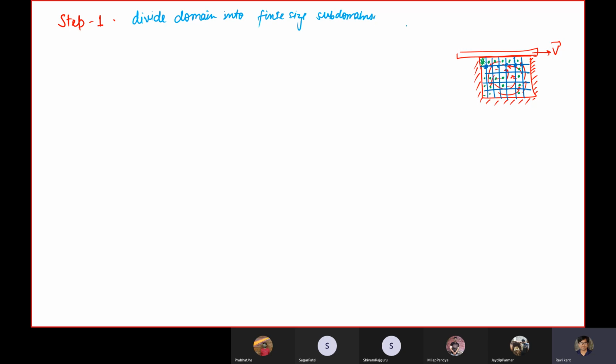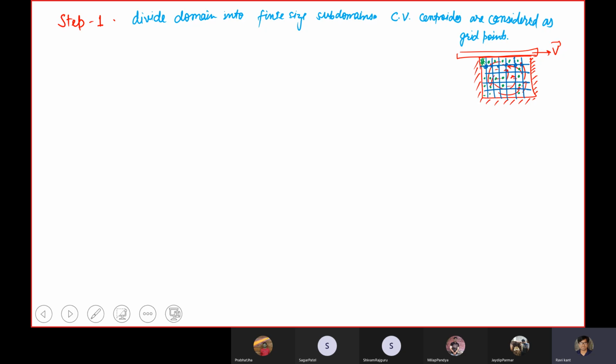Okay, and the control volume centroids are now considered as grid points, or nodal points now, where you are looking at your dependent variable values.